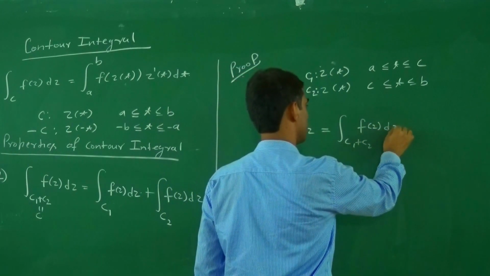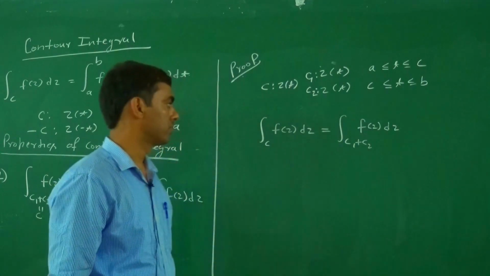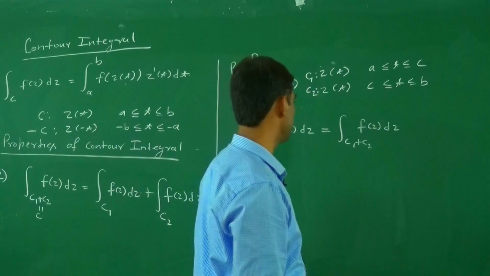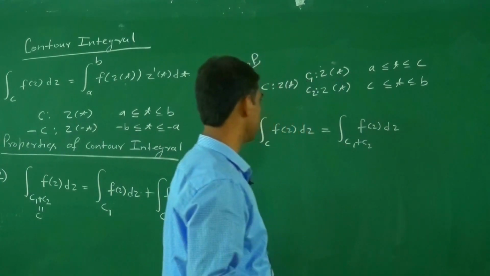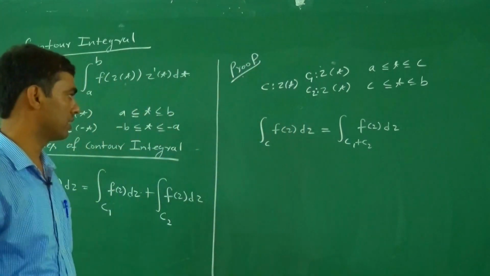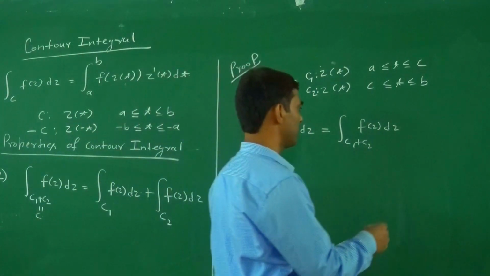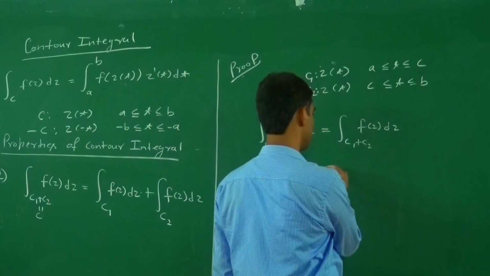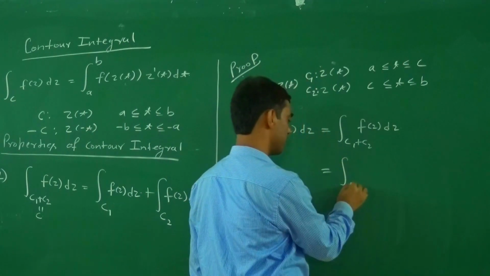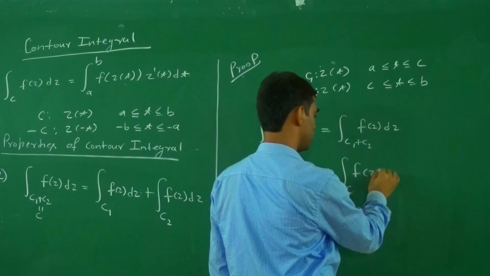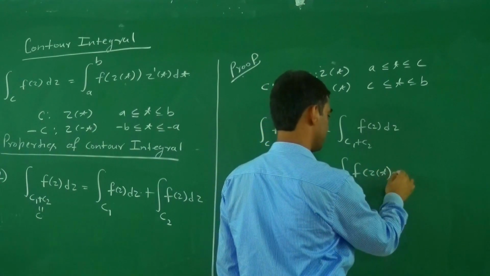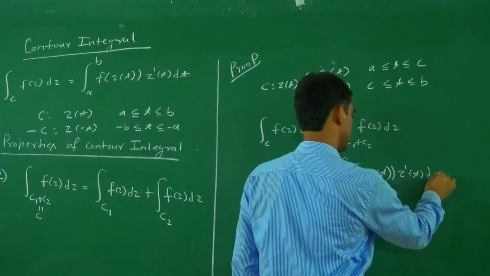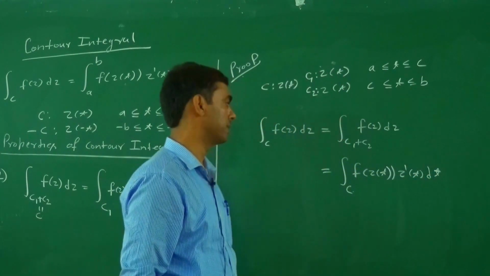Here we conclude that if we put z equal to z(t), and C is defined here, this becomes the integral over C of f(z(t)) z dash t dt.